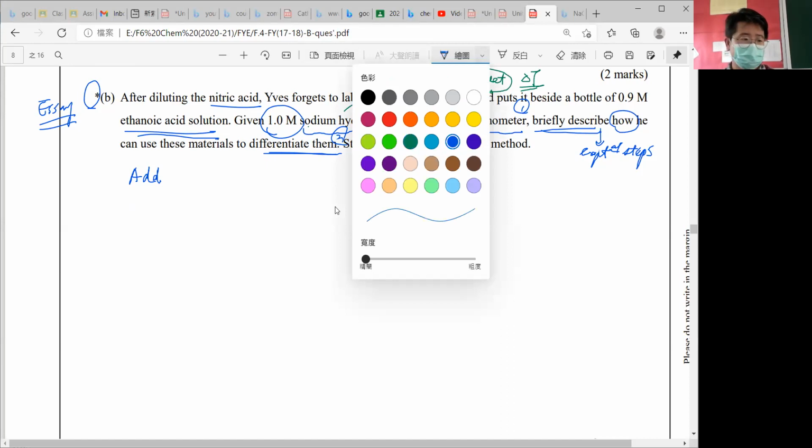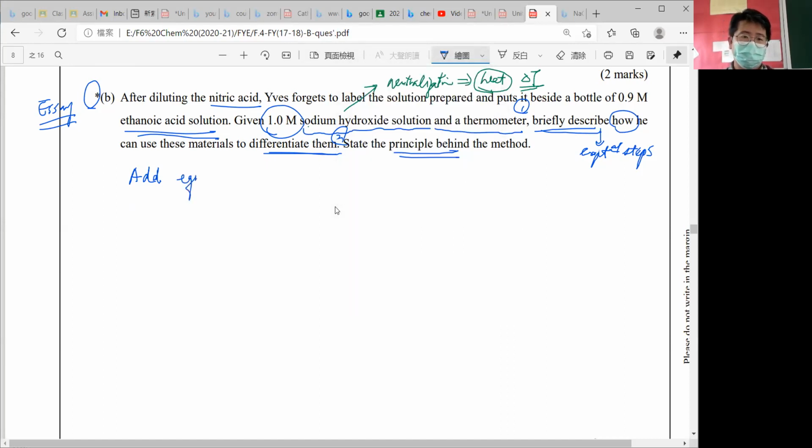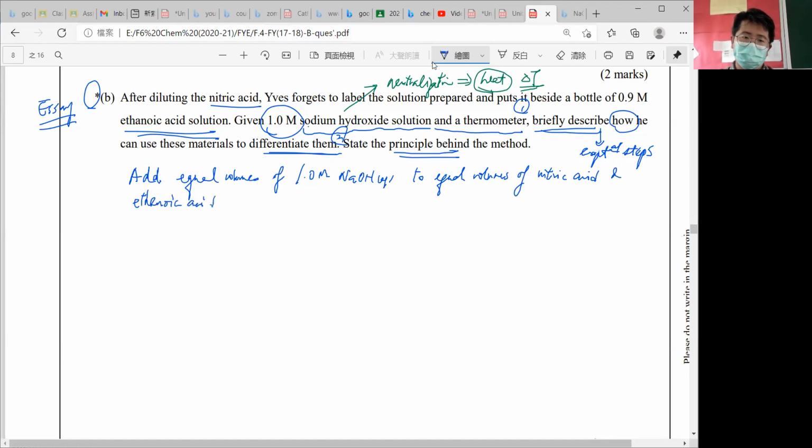Okay, so the first one is to add equal volumes of 1.0 molar NaOH solution to equal volumes of the nitric acid and ethanoic acid respectively.